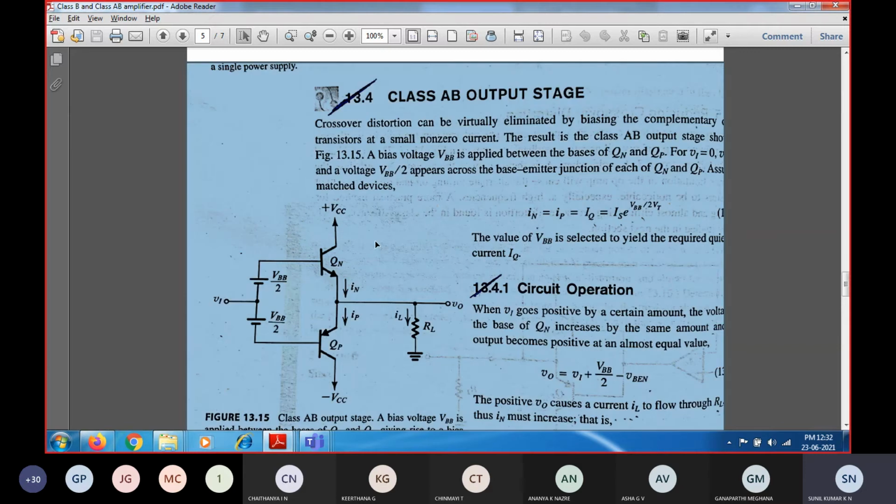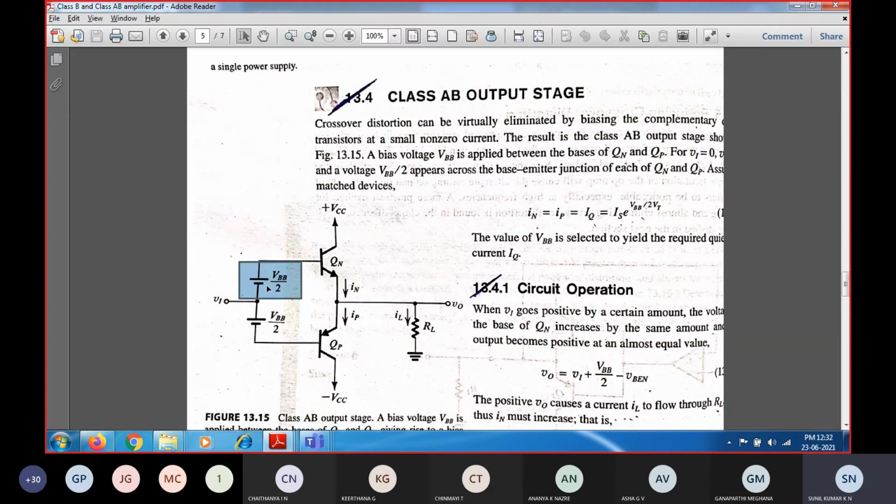Since VBB by 2 is added as a bias voltage for the QN transistor, the same bias voltage is applied for the QP transistor as well. Whenever VI is applied, it is provided to both QN and QP.